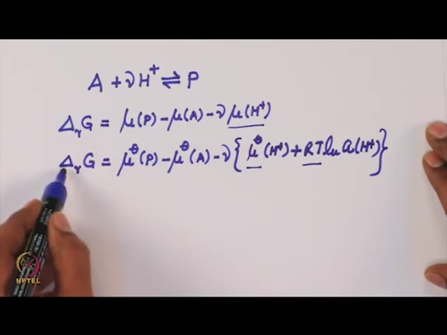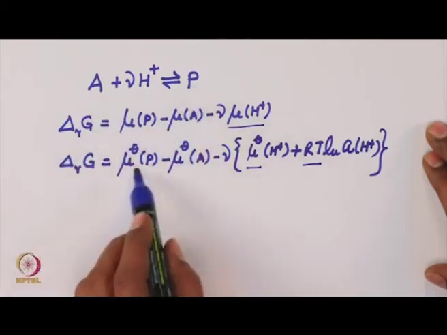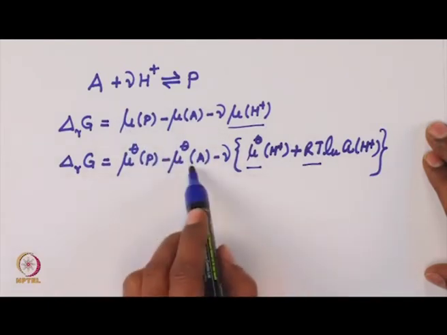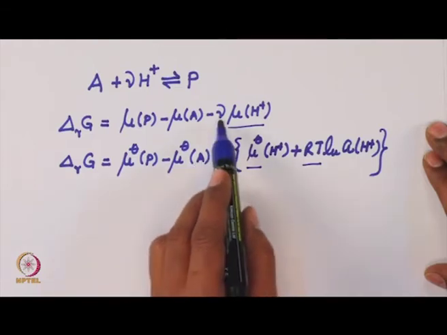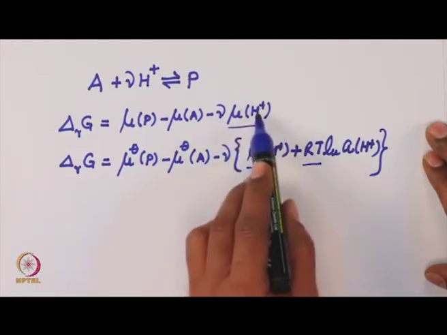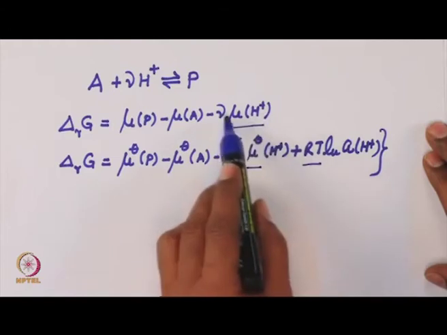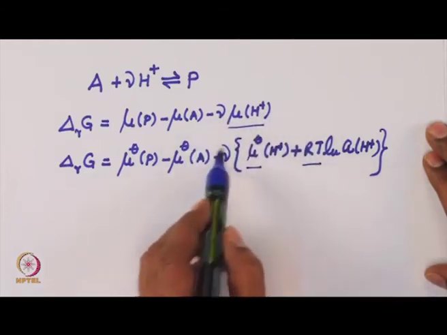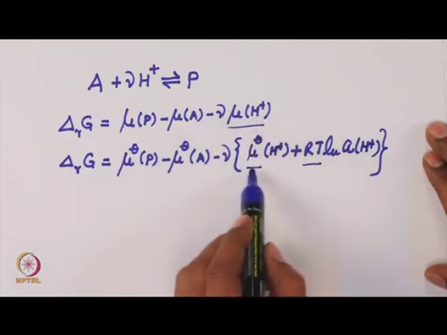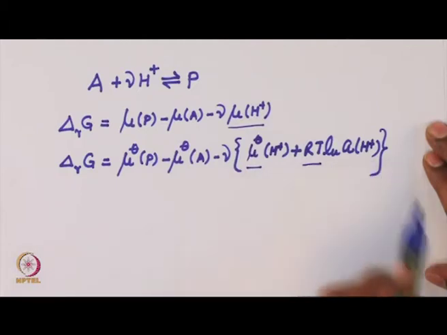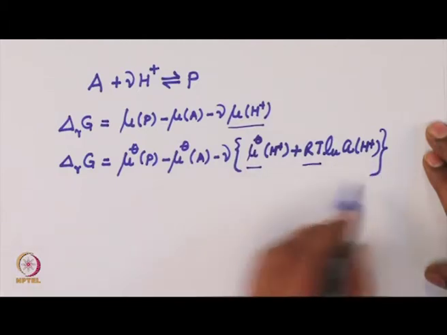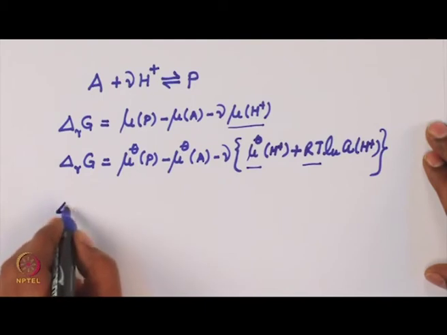From this step to this step, what I have said is, let A and P be in their standard state. So I will write their chemical potentials as their standard state chemical potentials. And I am not saying that let H plus be in the standard state, let it be general under any condition. So instead of mu, I write mu naught plus RT log activity of H plus. Now I will combine all the standard state quantities.